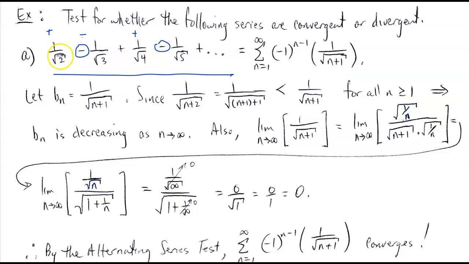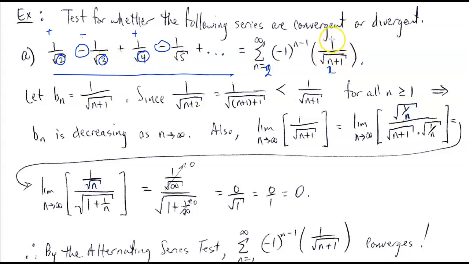Now, of course, we see in the denominator here, we started off with 2, and after that it goes up by 1. So if I'm starting here at n equals 1, 1 plus 1 is 2, and if I change this to 2, then 2 plus 1 is 3.